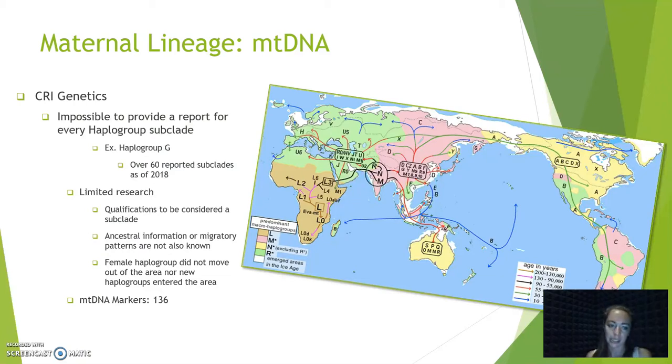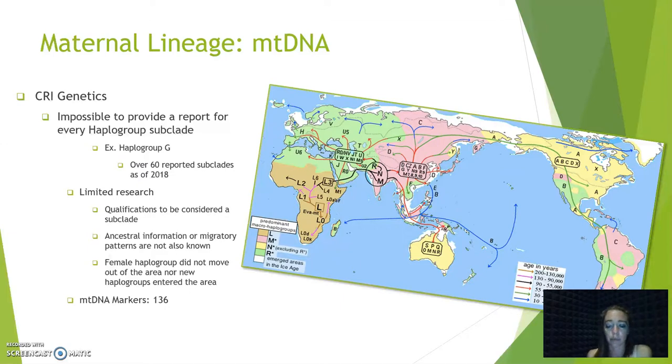So just like Y-DNA, maternal DNA does have its limitations and issues. If you remember, for Y-DNA haplogroup T, how many reports we had to do to include every subclade for every consumer or every person that we know now. It's very similar to maternal DNA. Haplogroup G, if we want to do every subclade that is known today, it'd be over 60 reports, and that's just for one haplogroup.